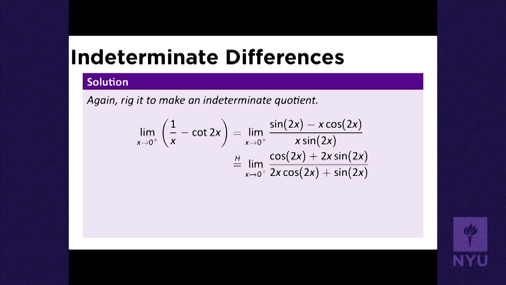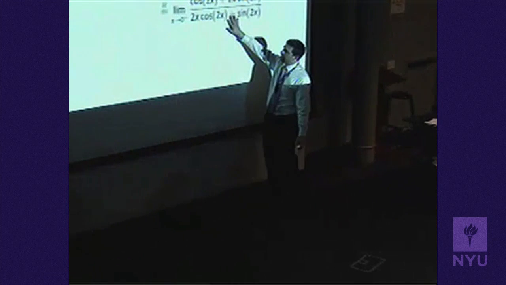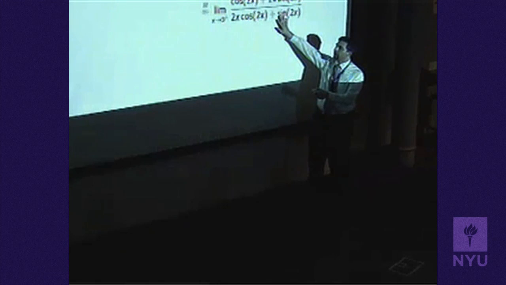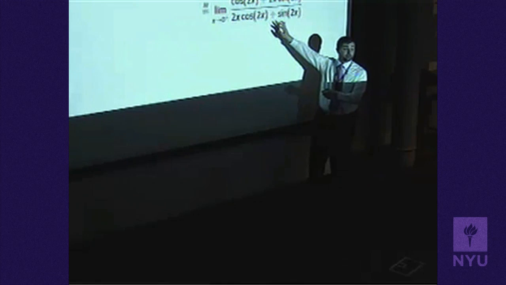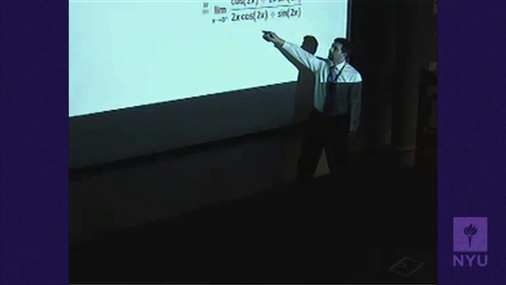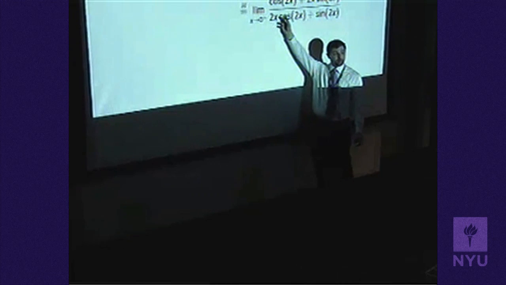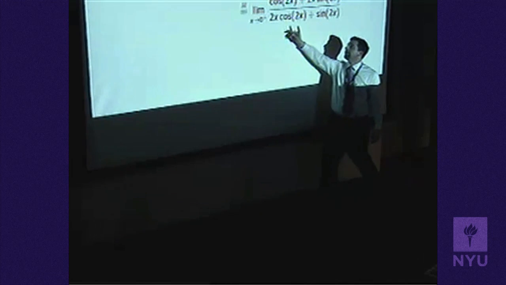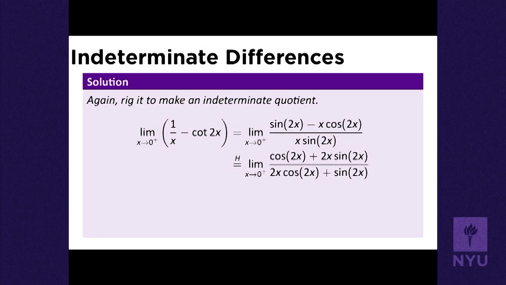Instead, we have to think about this denominator as x goes to 0 from the right. Is it positive or negative? It's positive, because x is positive. Cosine will be positive. It's hovering around 1. Sine of x is also going to be positive. So the numerator is close to 1. The denominator is close to 0, but is positive.